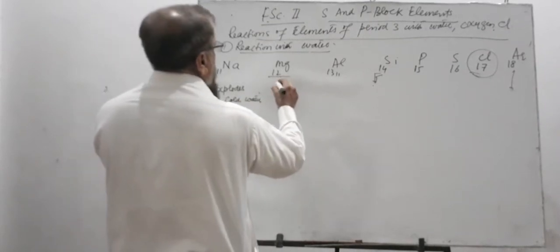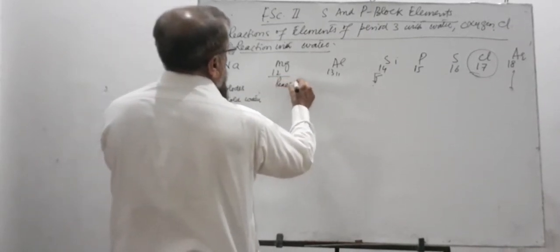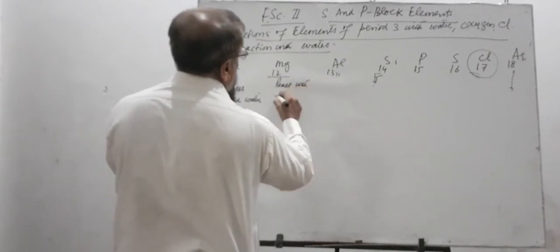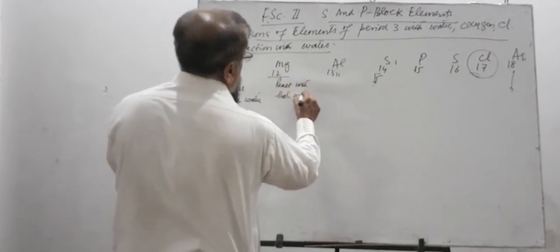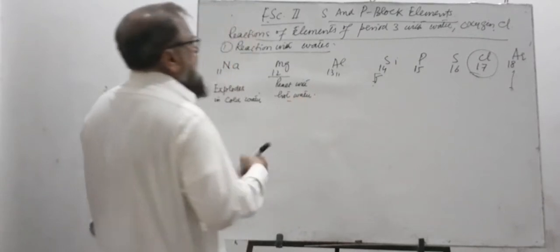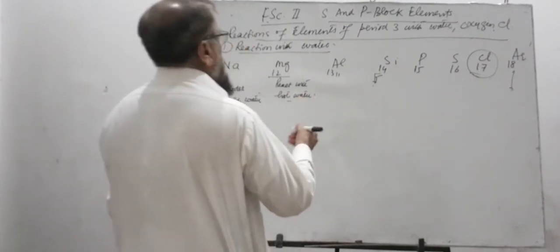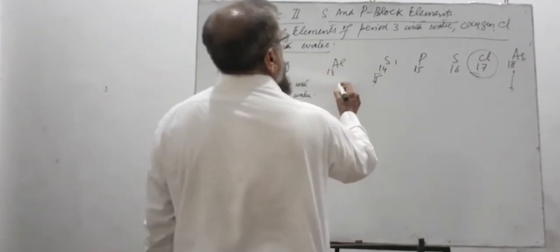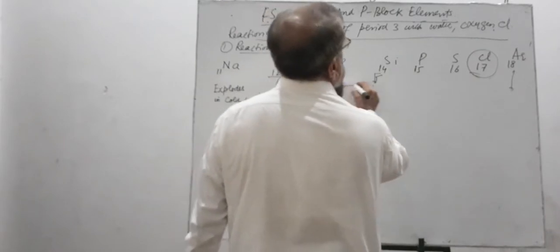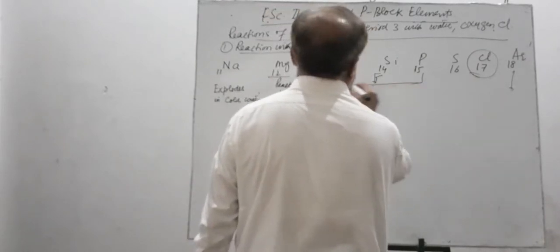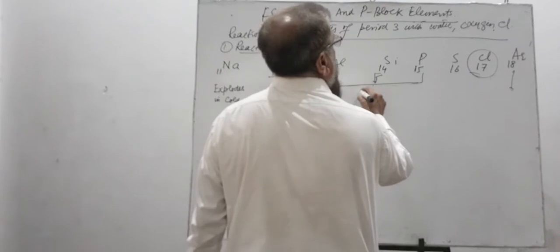Magnesium only reacts with hot water, which means that it is less reactive, therefore some heat is also required to perform the reaction. Aluminium and silicon and phosphorus, they react with steam.